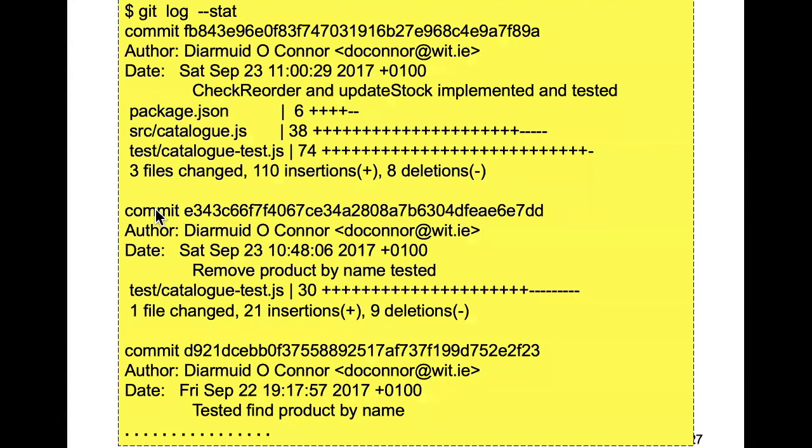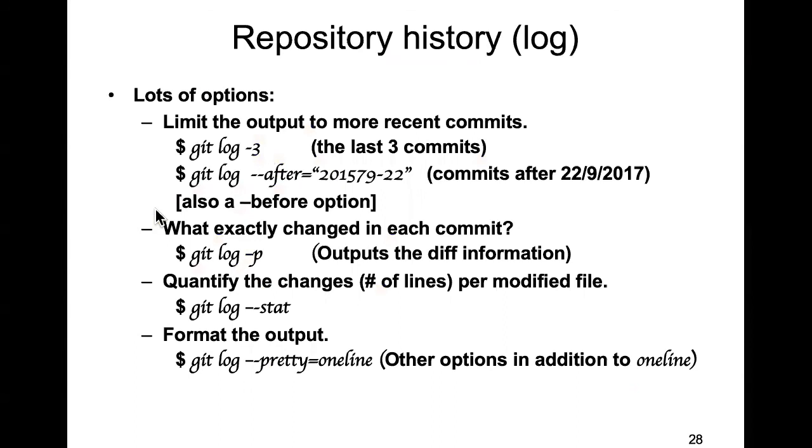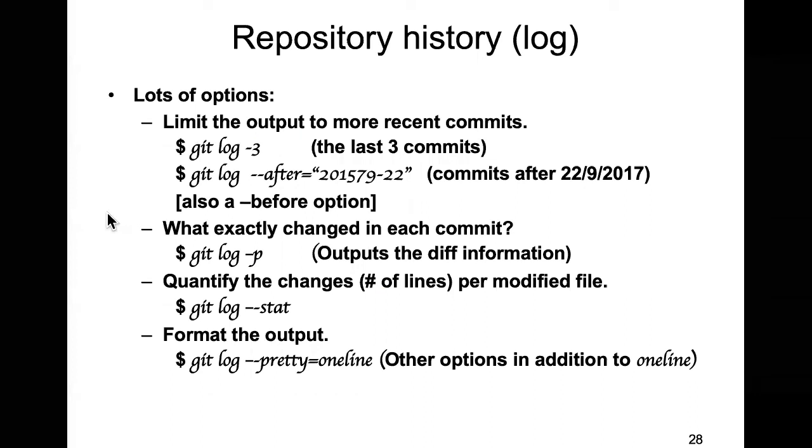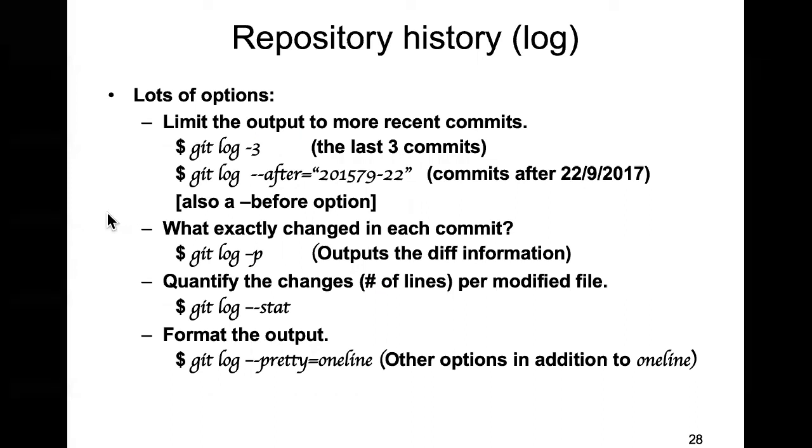And then I'm illustrating in this slide, and I think on the next one, what the output from the command line is with git log. So we don't need to look at that in any detail. And there are lots of options available too. You can imagine in a project that is spanning a year or longer, your git log is going to be extremely long.